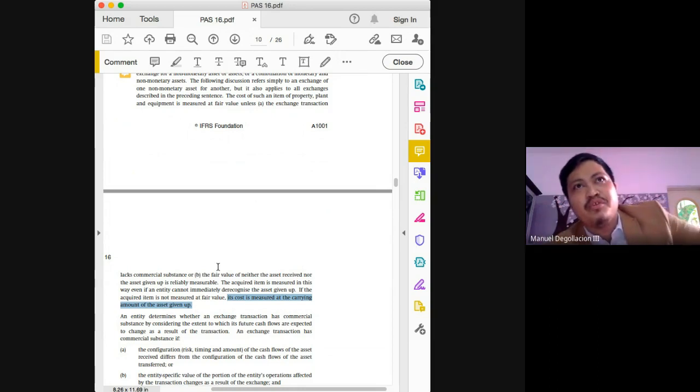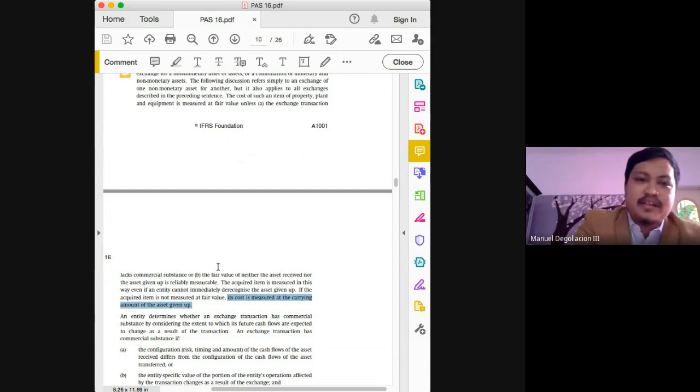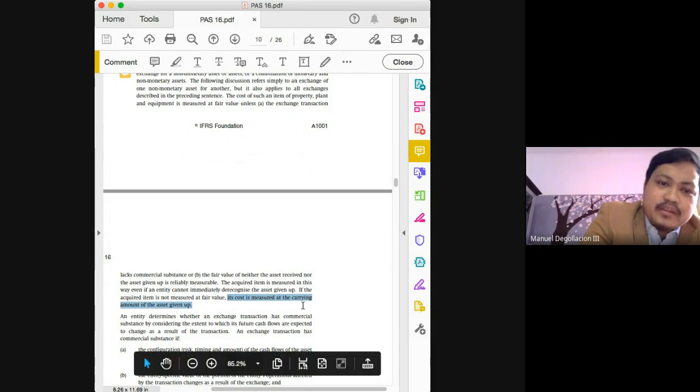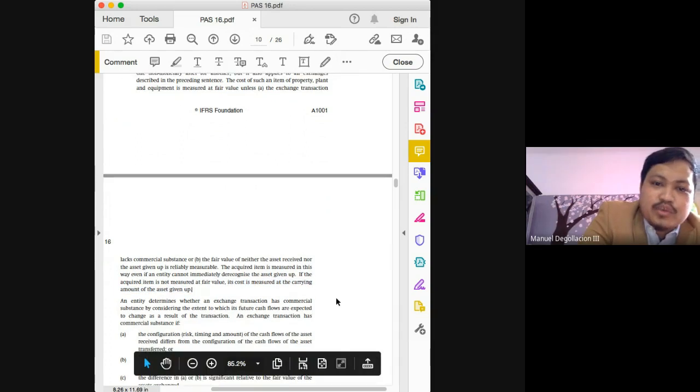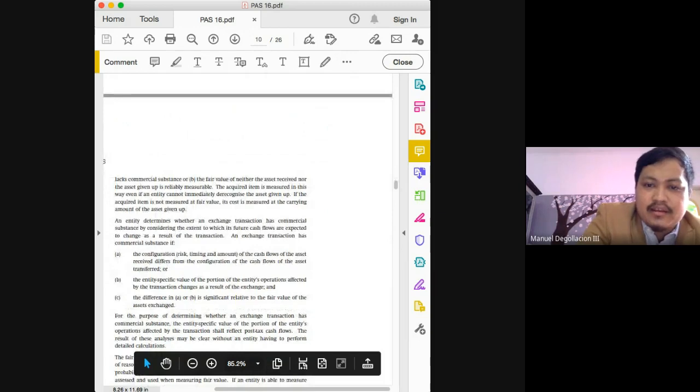What is expected from you is that if you are asked at what cost will an asset acquired through an exchange be measured, your answer would be at fair value. The general rule is fair value, unless the transaction lacks commercial substance or the fair value of the asset given up or the asset received could not be measured reliably.